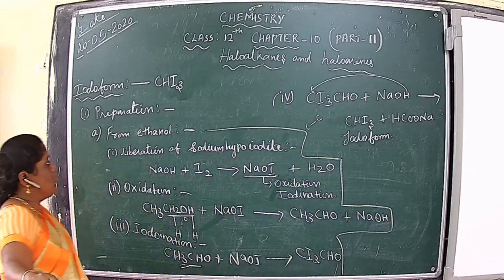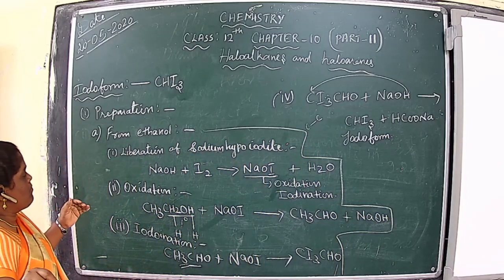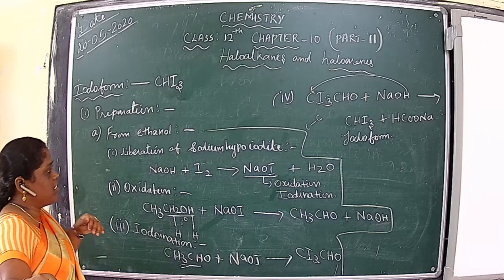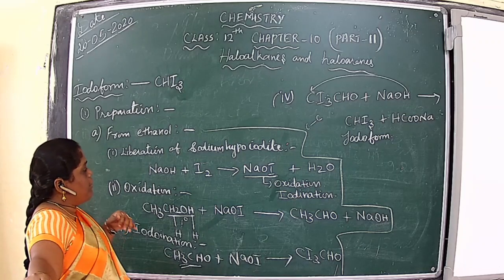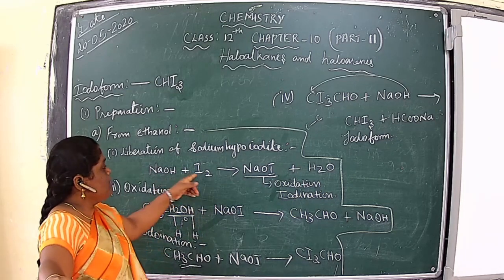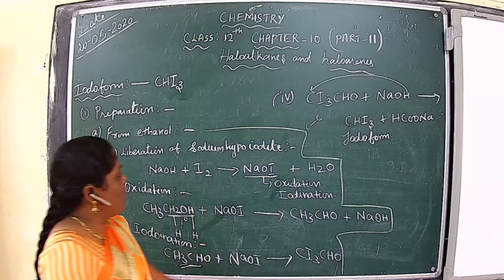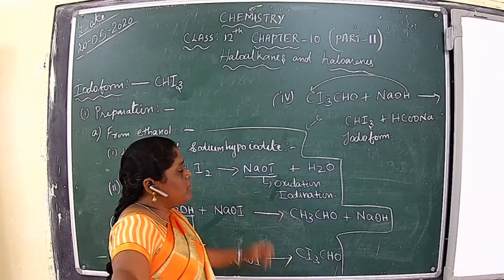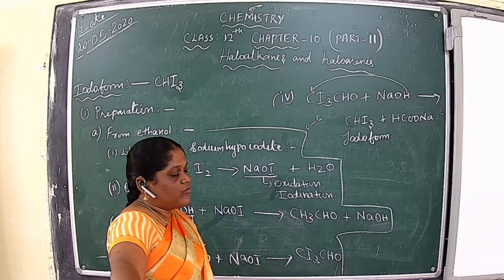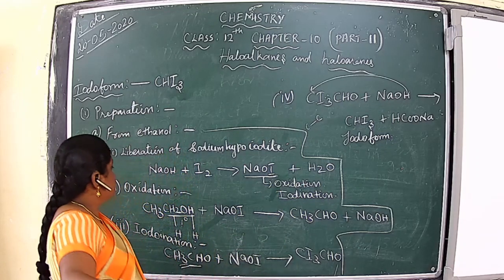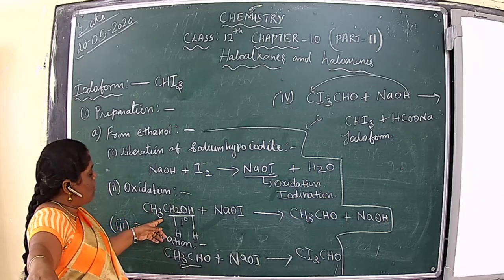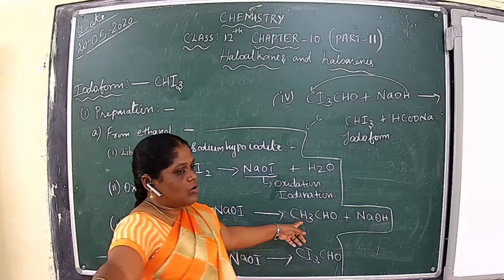Understood? So same like chloroform. First step, preparation of sodium hypoiodide. How can we prepare it? Sodium hydroxide with iodine forms sodium hypoiodide. It acts as an oxidizing agent as well as in the iodoform reaction. First oxidation: primary alcohol, ethanol, is oxidized to acetaldehyde.